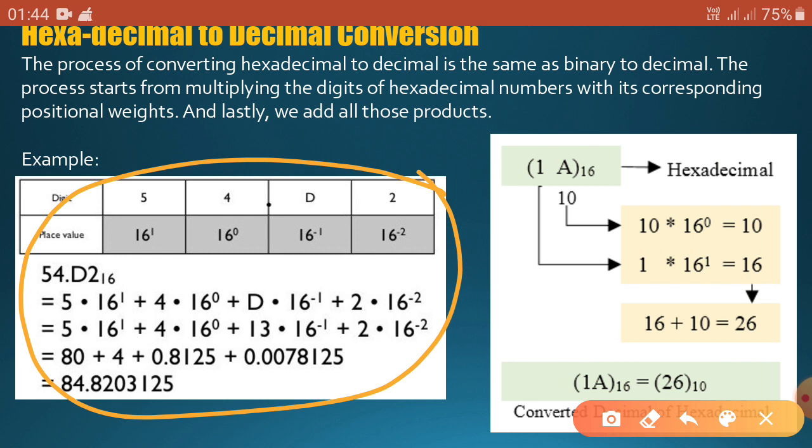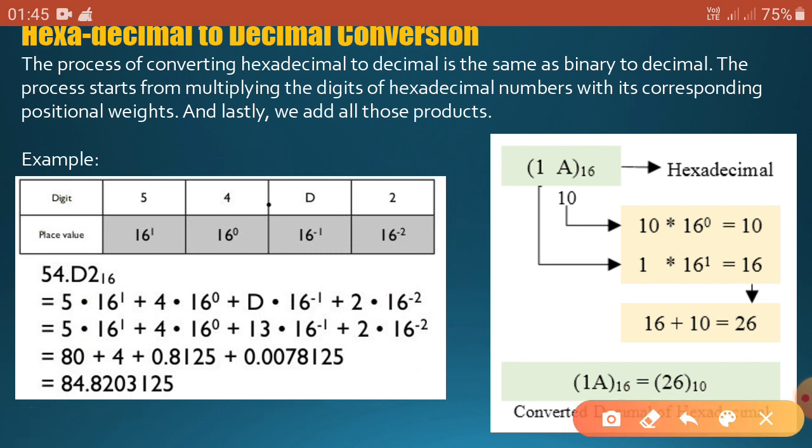So we are taking 54.D2. Here it is a multiplying sign, not a point. Look at the place values. For 4 the positional weight will be 16 to the power 0.